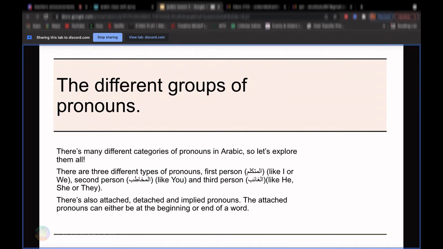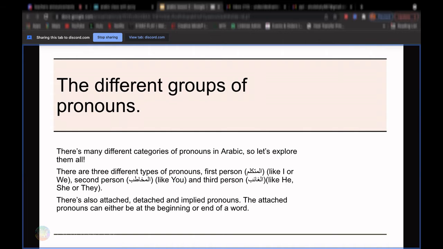So when you say I am, you're talking about yourself, and you're the speaker, you're the one that is talking. So that's where the word comes from. And first person pronouns are like I, we, me, us, right? So it's pretty obvious.